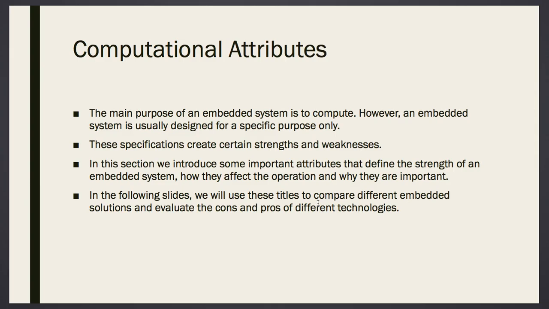However, in the end, although all of them do computation, their job is to compute, usually embedded systems are designed for a specific purpose only. So they are specialized. So we make architectural designs to specialize them. And this specialization comes with strengths and weaknesses, guys.